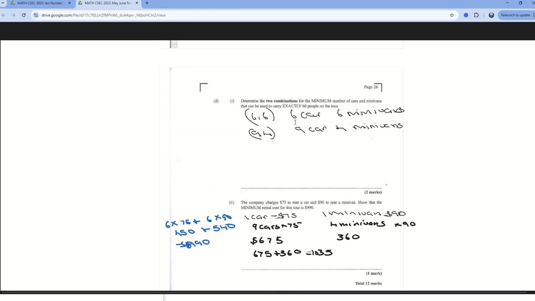So 6 by 75 plus 6 by 90, which will get $990. But you need to make sure the 9 cars and 4 minivans is not less than this. The 9 cars and 4 minivans actually cost $1,035. So you know that the minimum amount that you could spend to carry those people would be $990. And that is how you would do this question. And we will end today.